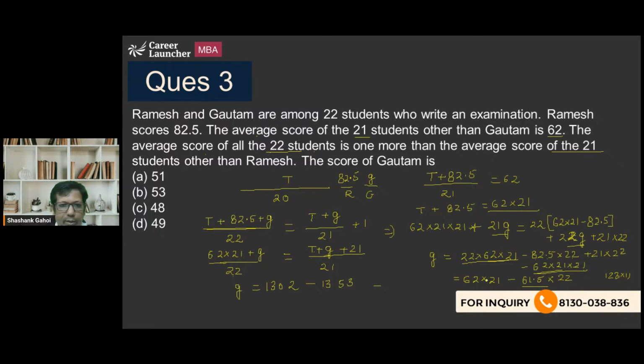I'm getting a slightly wrong answer. So 21 into 2 is 42. 21 into 6 is 1302. And this value comes out to be 1353. So I think I made a mistake somewhere else.